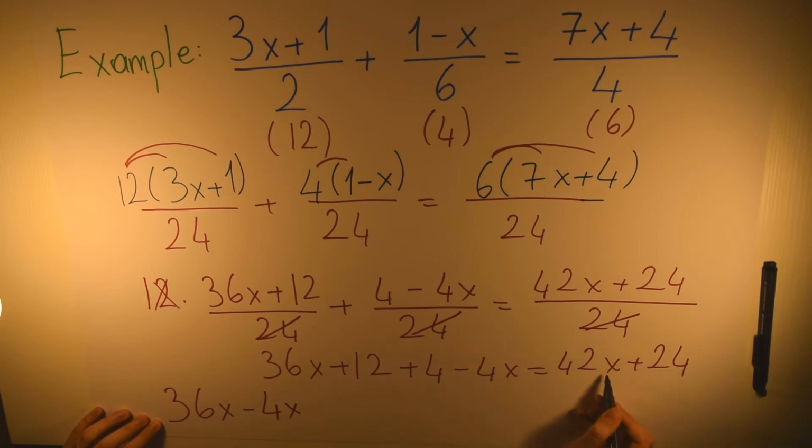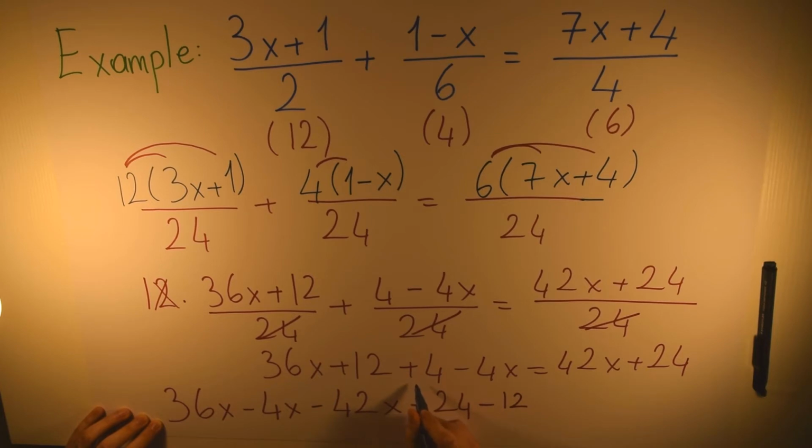So I put this 42x to this side, and it goes as minus 42x is equal to, here I put constants, here I have 24, and this plus 12 goes here as minus 12, and this plus 4 goes here as minus 4.